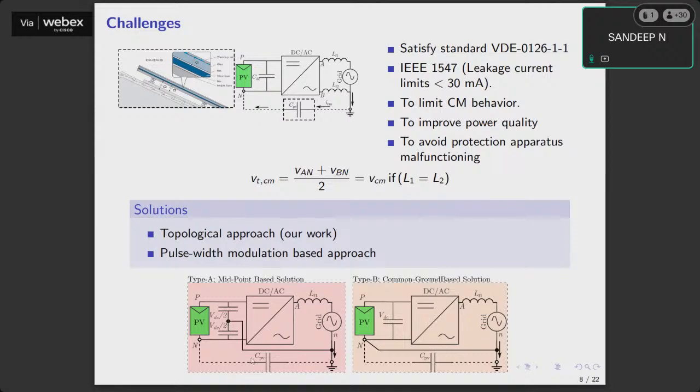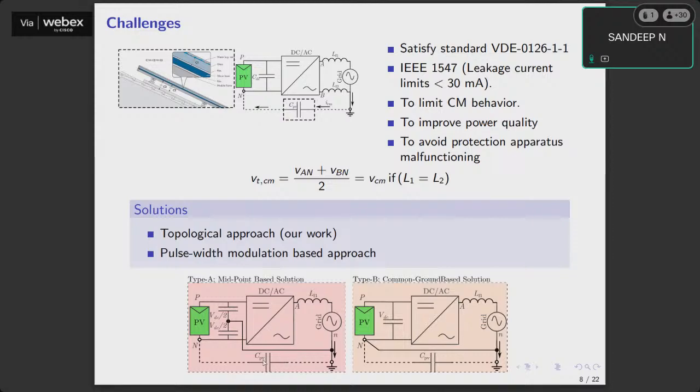The moment that happens, we know that in an inverter on the DC side, the capacitor is large enough. The voltage across this capacitor is almost constant at VDC by 2 as the average value, and you would see a small 100 hertz ripple superimposed on VDC by 2. That is the voltage that also gets applied across this CPV.